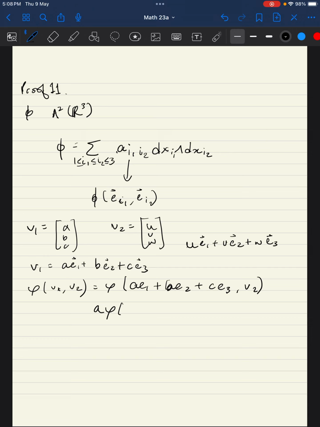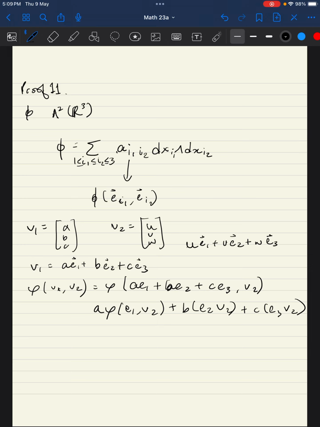I think we can start removing terms out of it by linearity. So we get A phi of E1, V2 plus B phi of E2, V2 plus C phi of E3, V2. This phi is also linear in its second input.